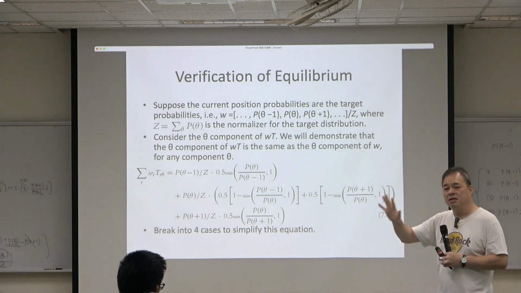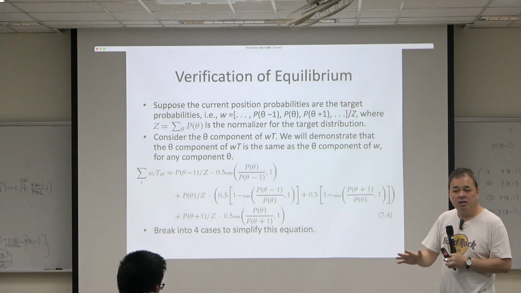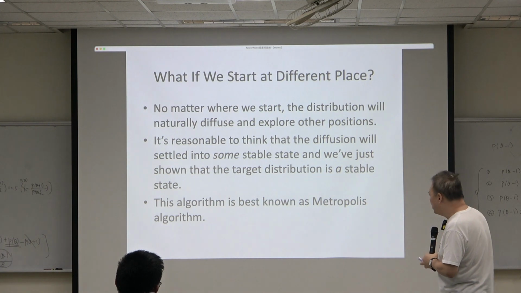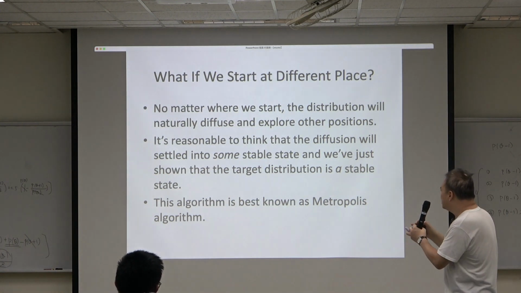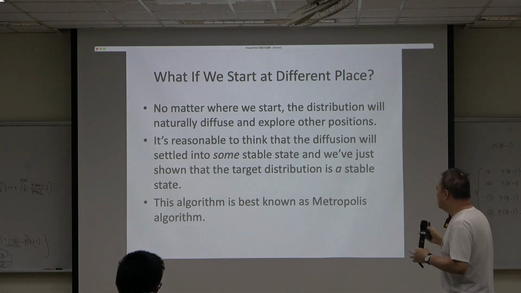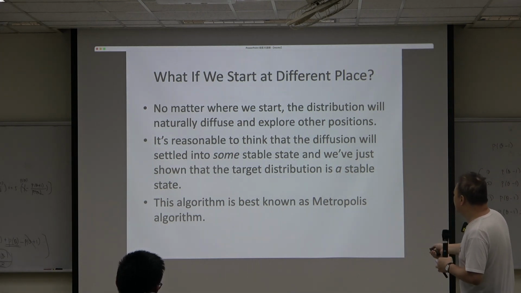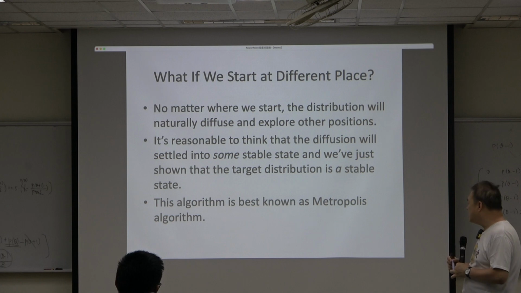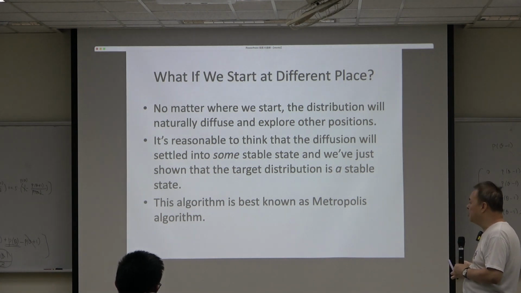So basically, it's stabilized, meaning no matter where we start, the distribution will diffuse and explore other locations. But we know there will be some stable state, and we have shown that this target distribution is a stable state, right?